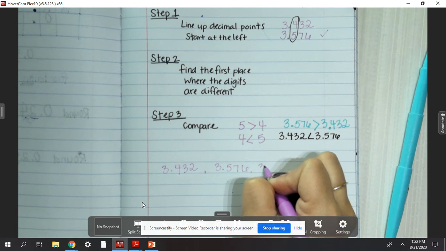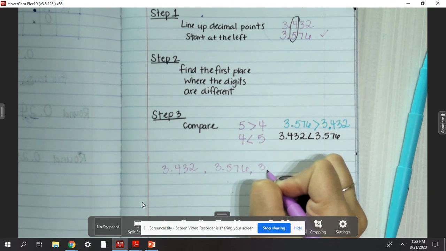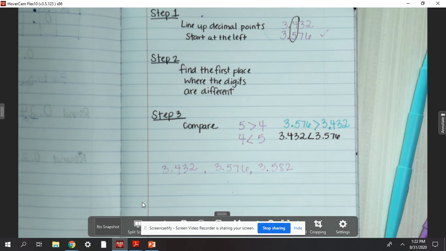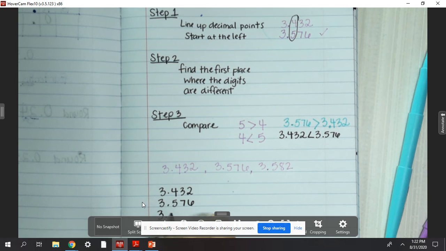Let's do 3 and 582 thousandths. Okay. Well, same thing. I'm going to line them up. Now I'm going to compare.